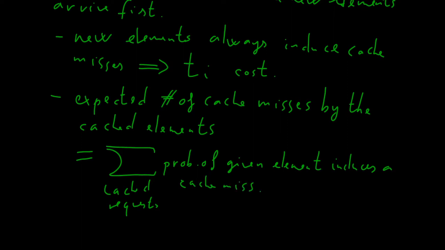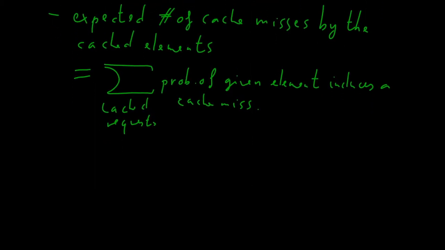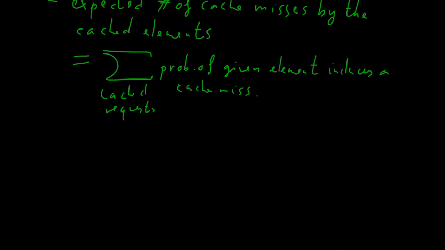Because the total number of cache misses is just the sum of the cache misses induced by the elements, and since the expected value is additive, it doesn't matter whether they are independent variables or not. It means that for each cached element we just have to compute the probability.